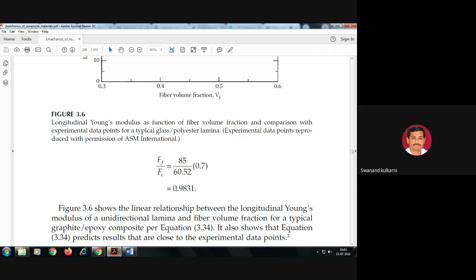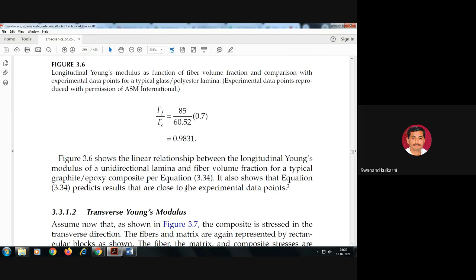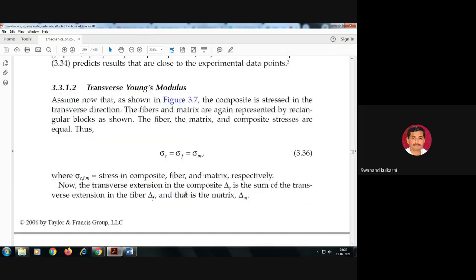So with this example, with this particular equation, we have identified the ratio of force acting on fiber to force acting on composite, and it means that 98.31% of the load is carried by fiber only, and only 1.69%, that much amount of force, is carried by matrix material. Is it okay? So see how fiber takes load in case of composite material.